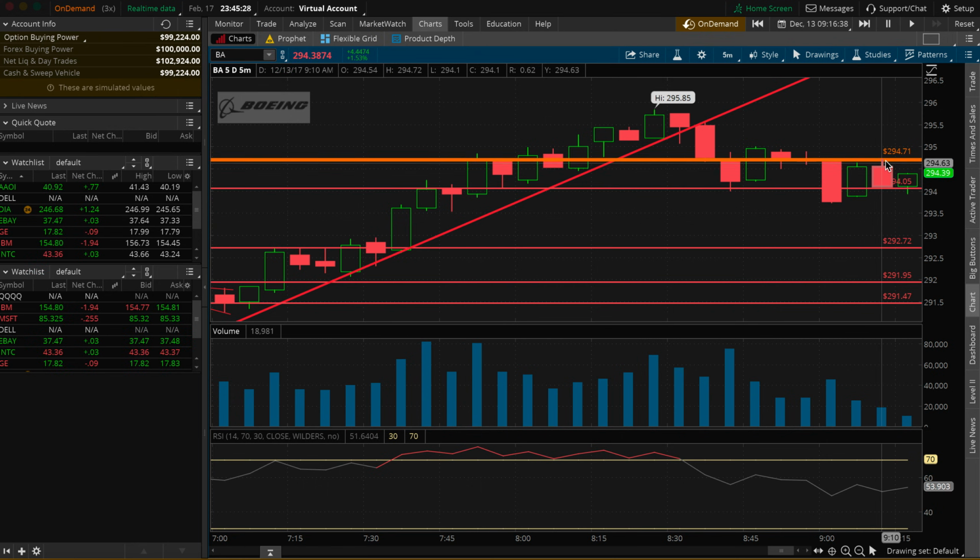So it couldn't push past that. There's a lot of action going on at this level right here. 294.71 looks like a very important level. So that's why we highlighted it in orange as a strong support resistance line.